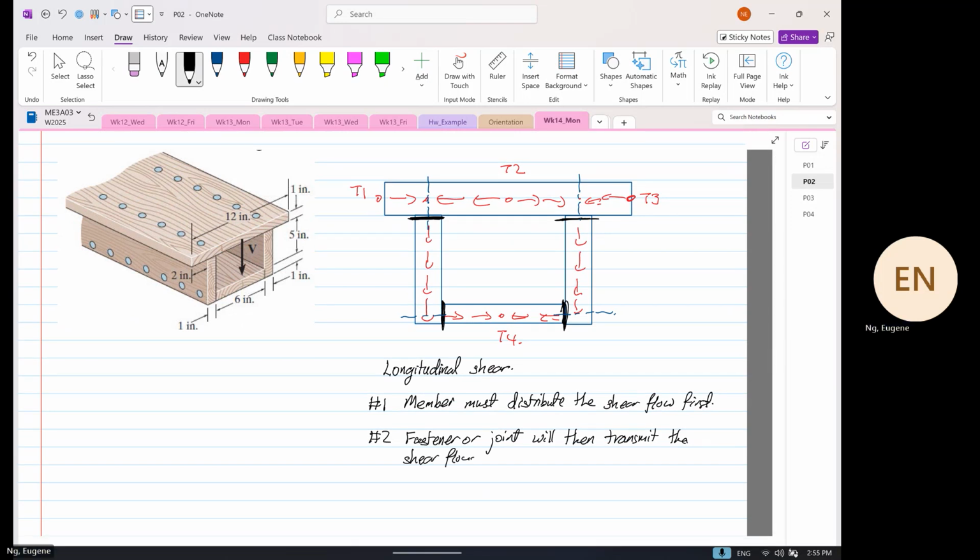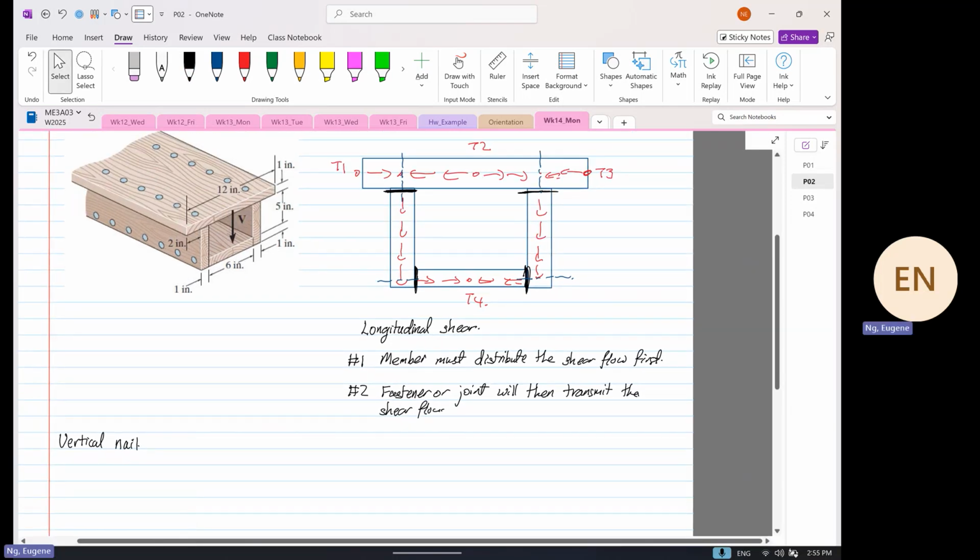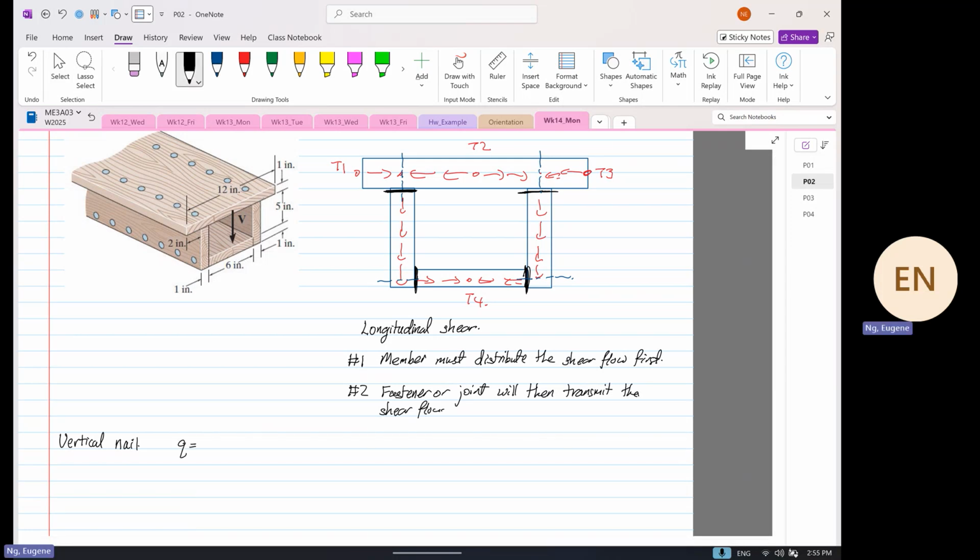Okay. So now I'm going to calculate the vertical nail. We're going to consider the vertical nail. The formula to apply for this case is q equal to VQ over I, and this will be equal to F over s.